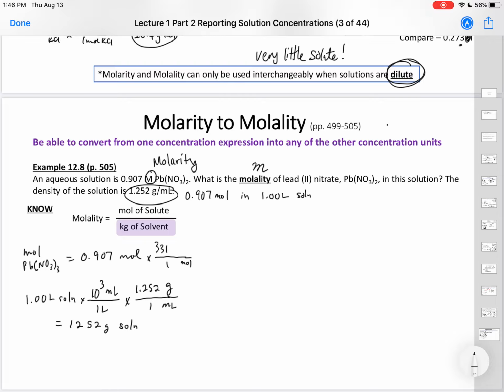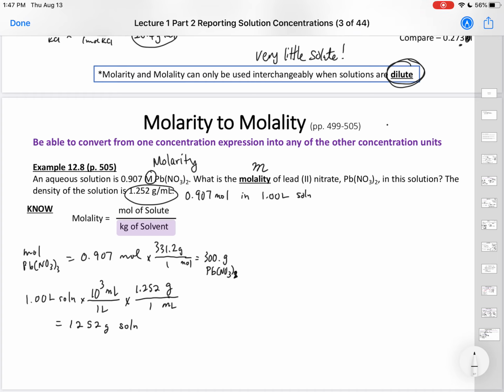Lead nitrate is 331.2 grams per mole as the molar mass. This is 300 grams of the lead nitrate. Sorry, this should be 2.